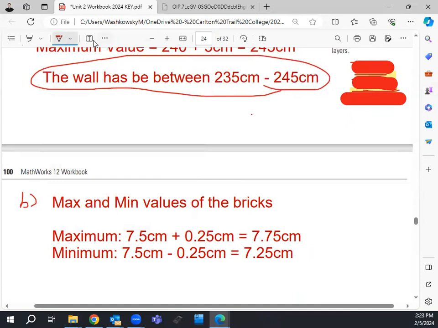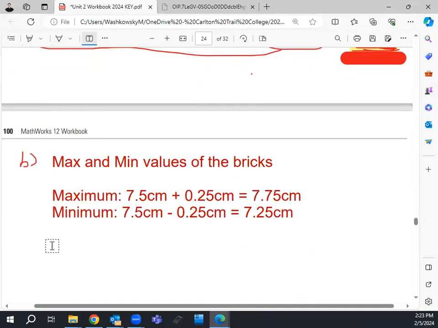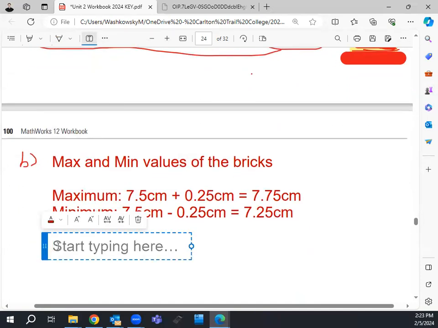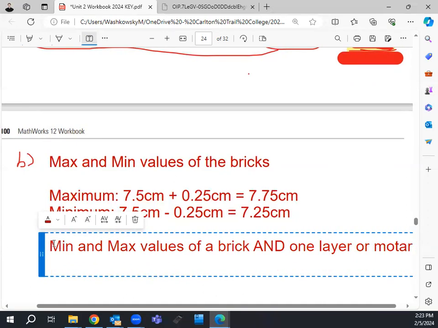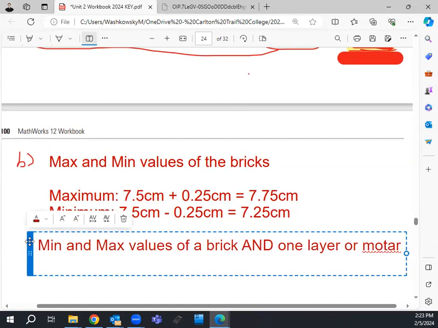So we've done the bricks. Let's also do the mortar. Let's do the min and max values of a brick and one layer of the mortar. Right? Because that makes sense. It's a brick and then mortar, and then a brick and then mortar, and then a brick and then mortar. So why don't we just combine this all together into one?